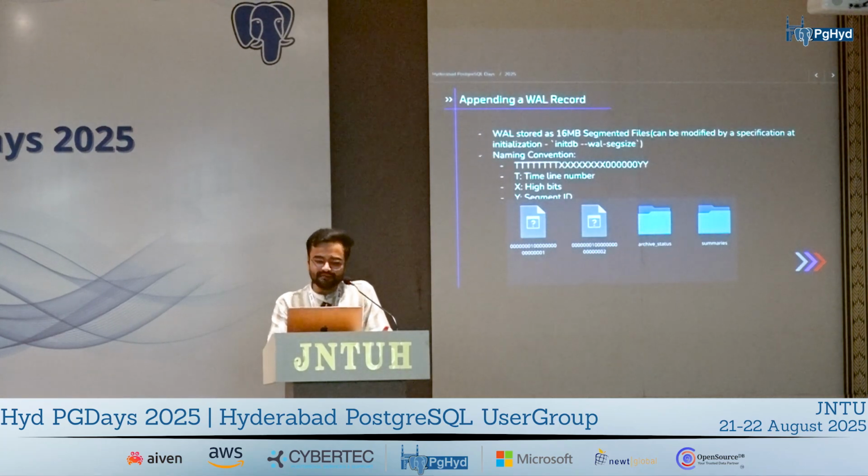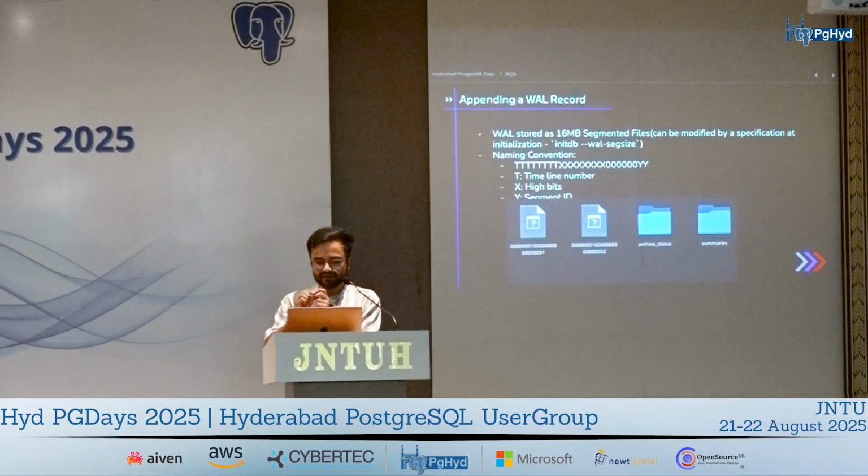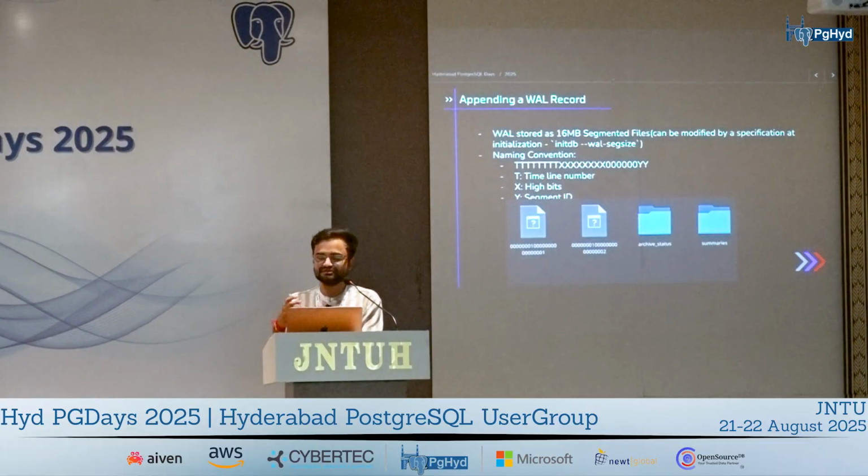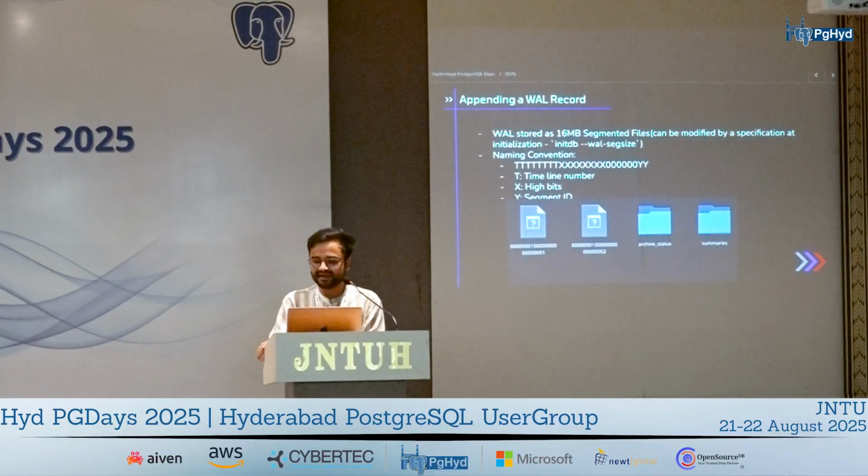I mentioned that WAL is considered to be an infinite stream for that particular timeline, right? If I'm operating my database, you can just assume that the timeline is sort of like a session for a database. I need to maintain all of the things that happen within this particular session or timeline.